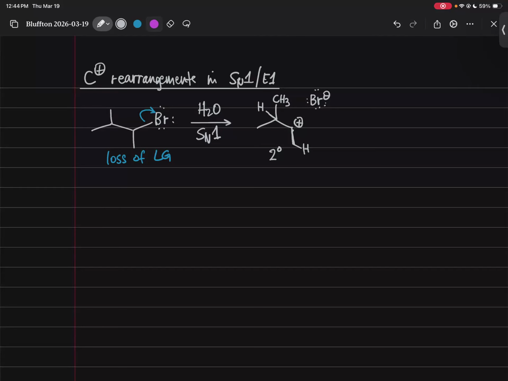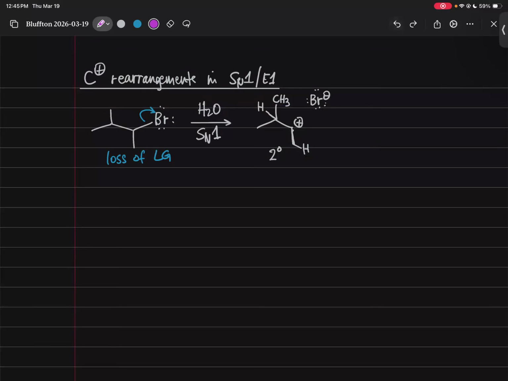If we move the hydrogen on the right, that will give us a primary carbocation, so that doesn't improve the stability. If we move the methyl group toward the carbocation, that's going to give us also a secondary carbocation.